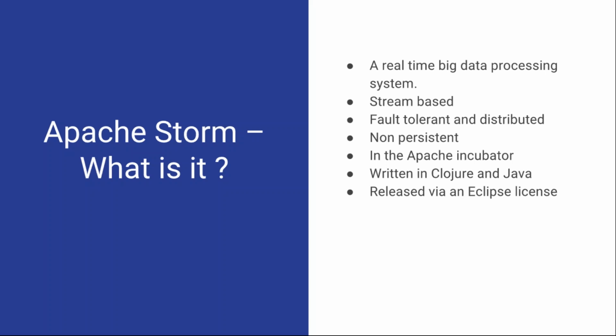So the next thing is it is fault tolerant and non-persistent. What is fault tolerant? Guys, if you have an idea of what Hadoop is and how it works, I think you have studied that Hadoop is also fault tolerant. So what does fault tolerant really mean?